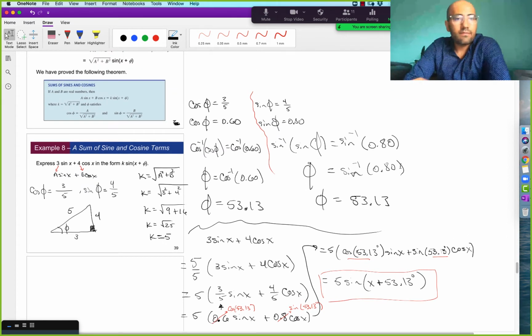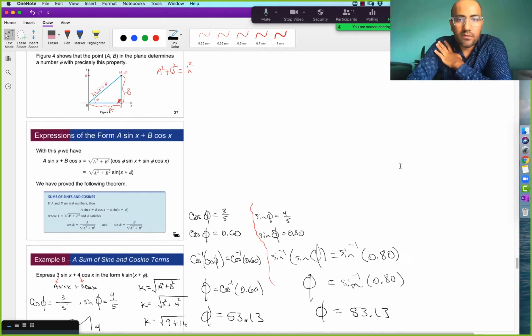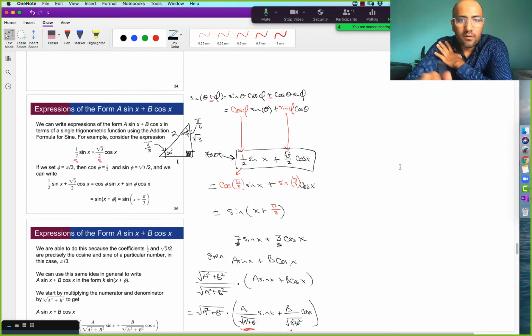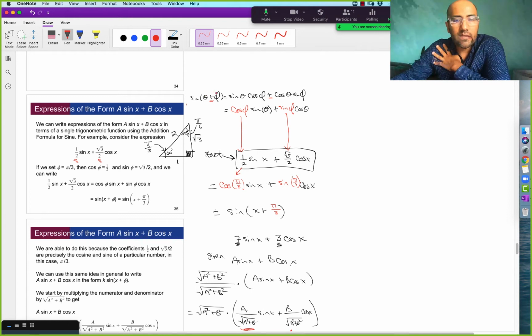Wait, I have something I don't get. Yes. What happens to the cosine inside the parentheses? Oh, I'm taking advantage of this rule. Let's go up here. Remember this rule up here for the sine of the sum of two angles is equal to this complicated thing, right?